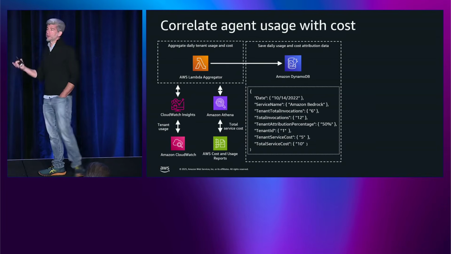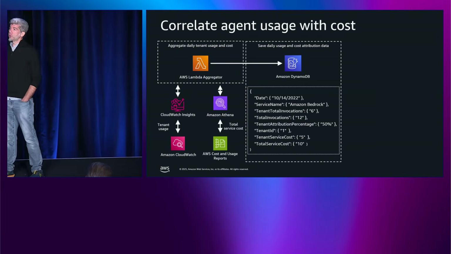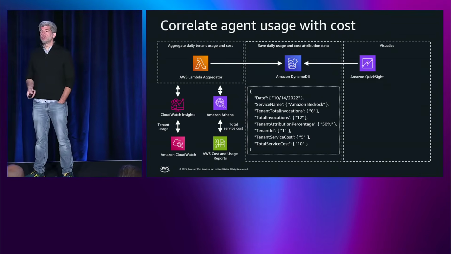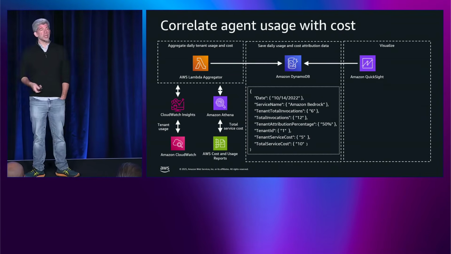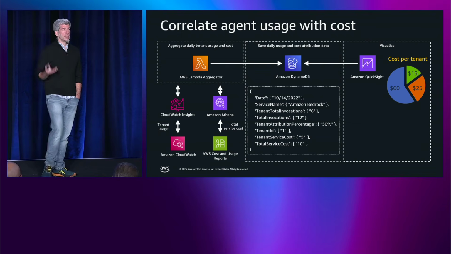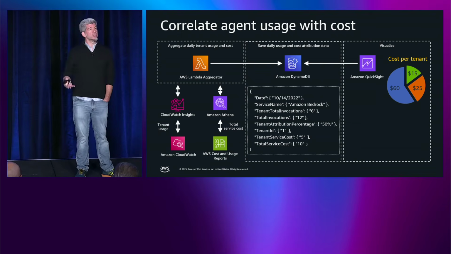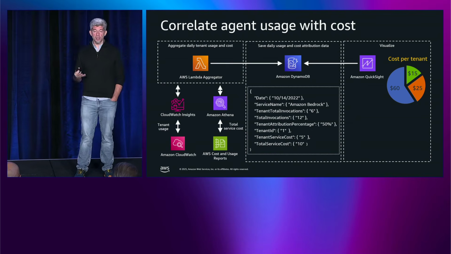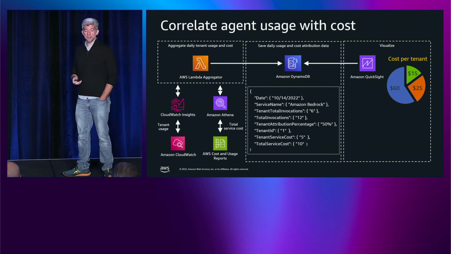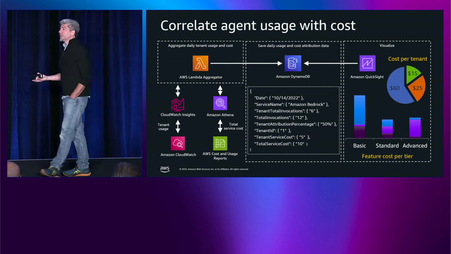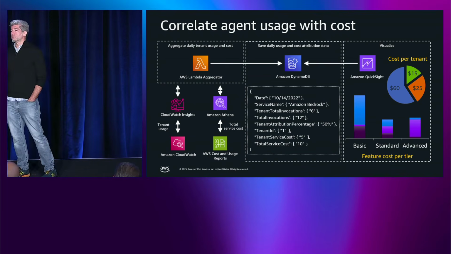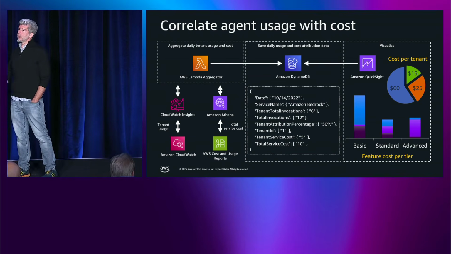Now that we've broken down our individual inference cost per tenant, we can visualize those, perhaps with QuickSight or another BI tool, and create nice dashboards that our business users can drive to understand a deeper understanding of what it means to operate our tenants. Cost per tenant might look something like this, and cost per tier might look something like this, right? Where we can actually say, okay, this is about the cost per tenant.